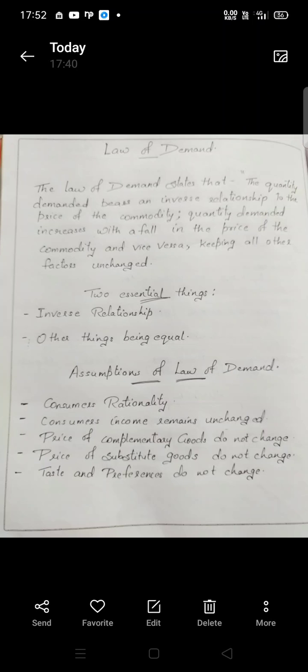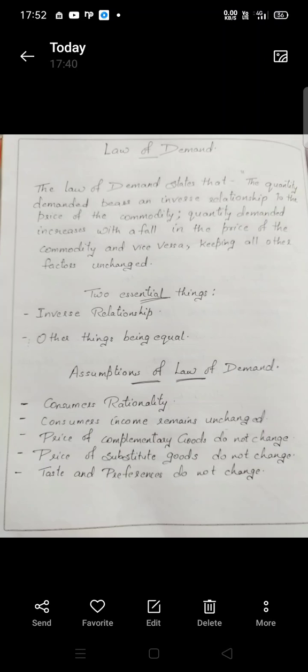So what are the other factors? Other factors means determinants of demand, which we had already discussed: taste and preferences, then substitute goods, complementary goods, everything we discussed. That is only the other factors. So this law states that there is always an inverse relationship between price and quantity demanded.